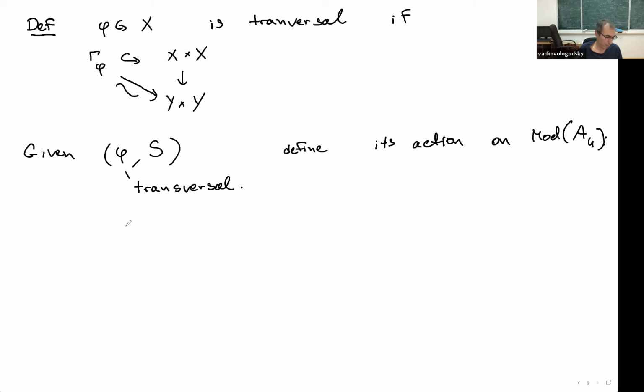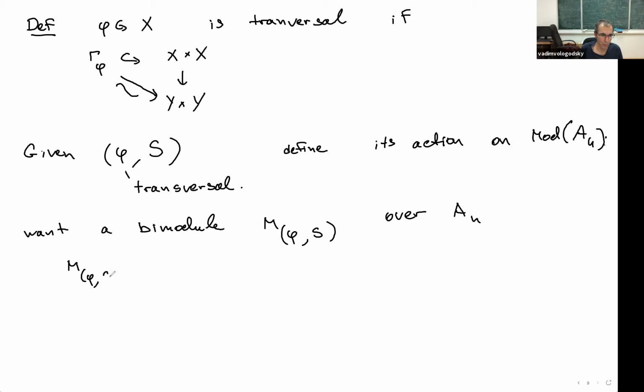So we want a bimodule M_{phi,s} over A sub h, with the property that if you mod it out by h, then you get the bimodule corresponding to phi, which is the structure sheaf of gamma phi.